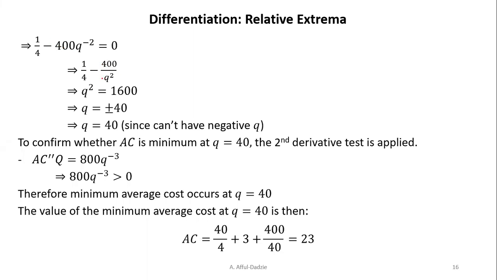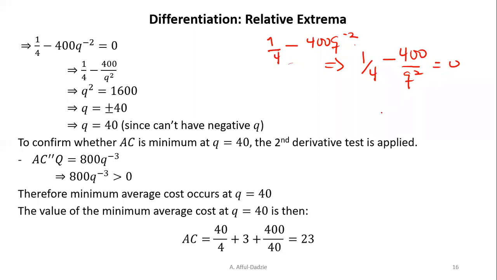We rewrite it in this form, take it to the other side and take the square root of it. When you take the square root of something, negative will become positive. Another way you can write it is 1 over 4 minus 400 over Q squared, which is equal to 0, right?